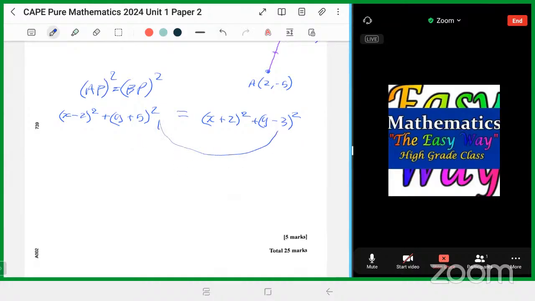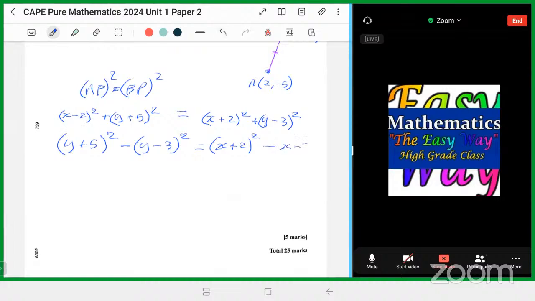Bring this over here and subtract. Set up the difference of 2 squares. I'm going to put y plus 5 squared minus this y term, y minus 3 squared, equals x plus 2 squared minus this one.